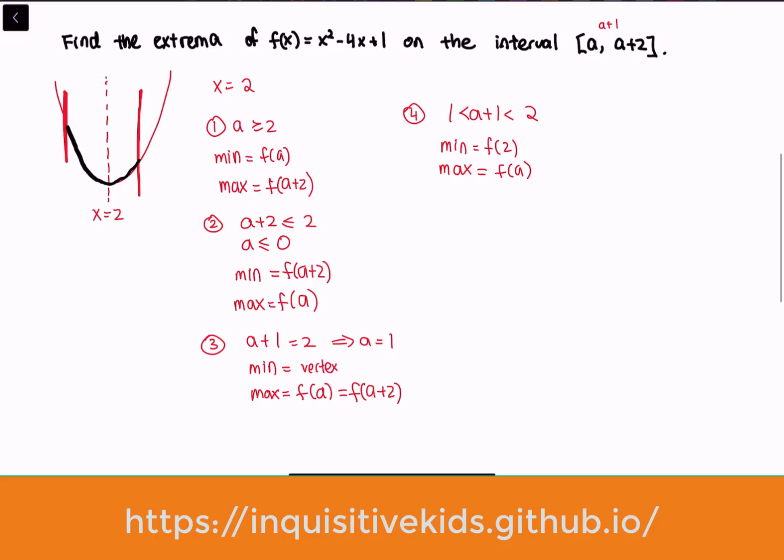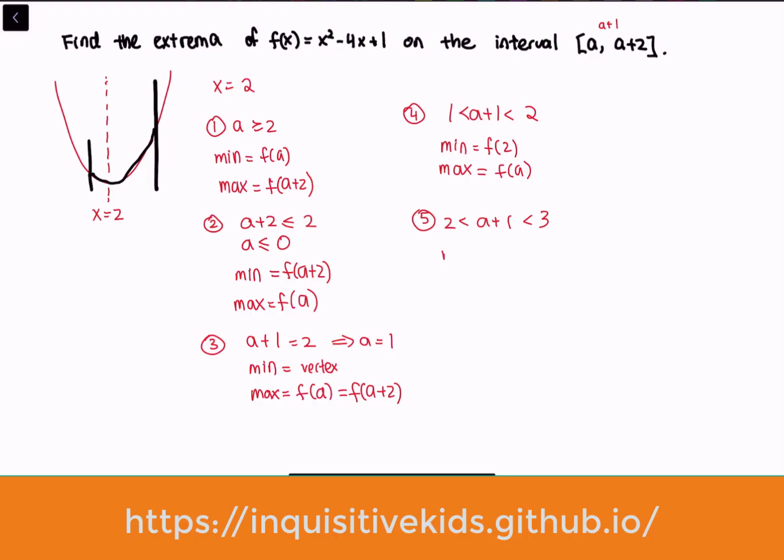Now, what about our last case? This is if a plus 1 is slightly shifted to the right side of x equals 2. So now our interval is kind of here. We are dealing with this part of the function f of x.